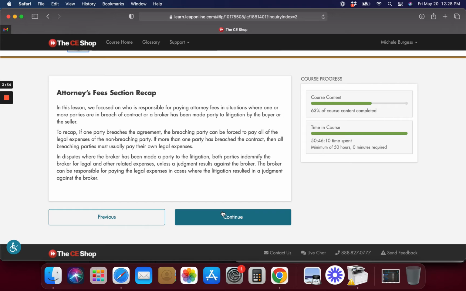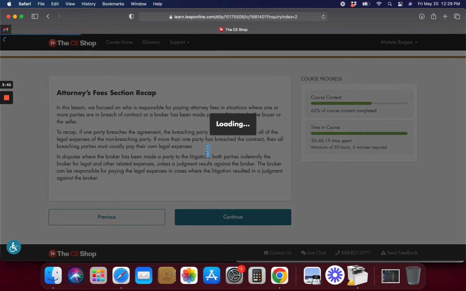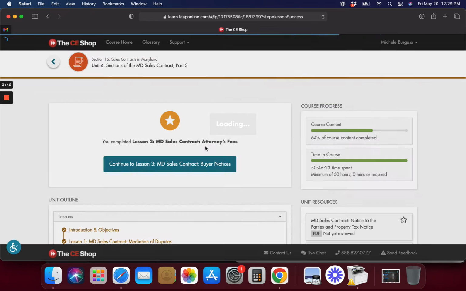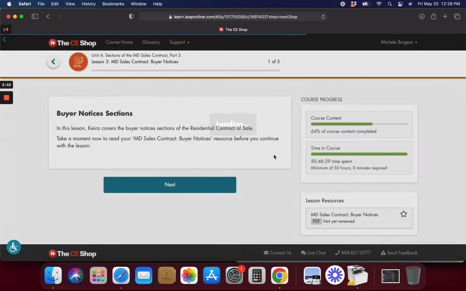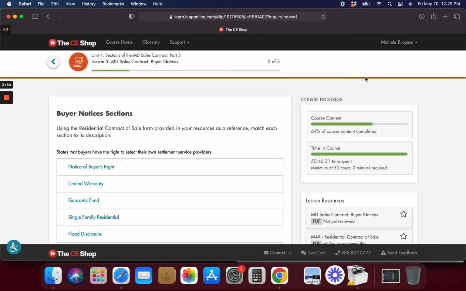The broker can be responsible for paying the legal expenses in a litigation resulting in judgment against a broker. This is the attorney fees section of the contract, so if we get a question on the exam about that, that's where that would be.